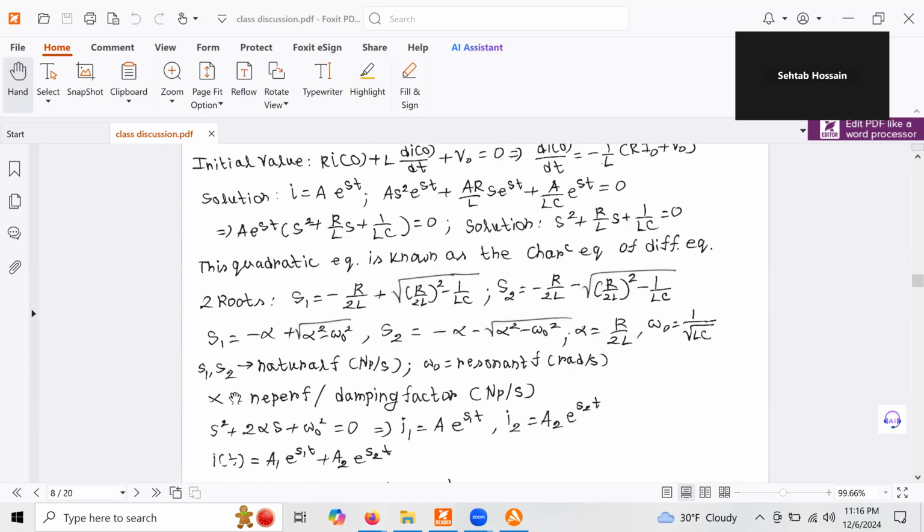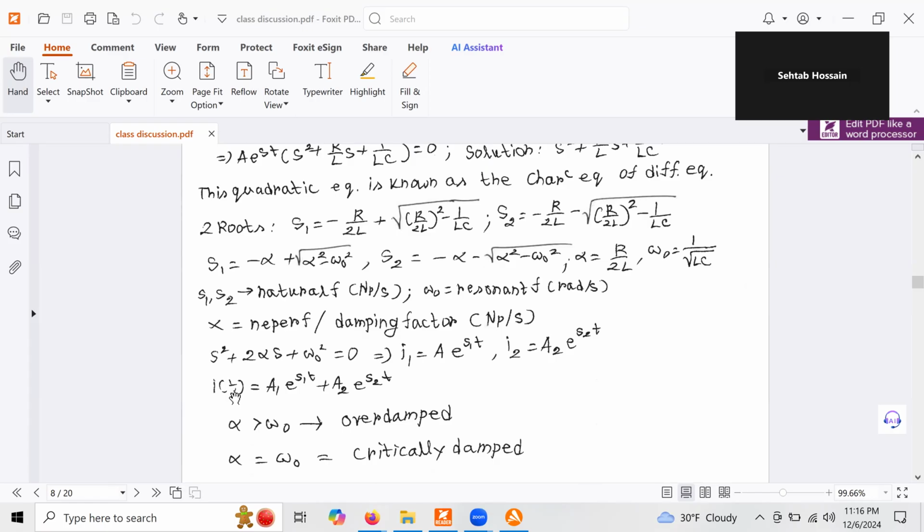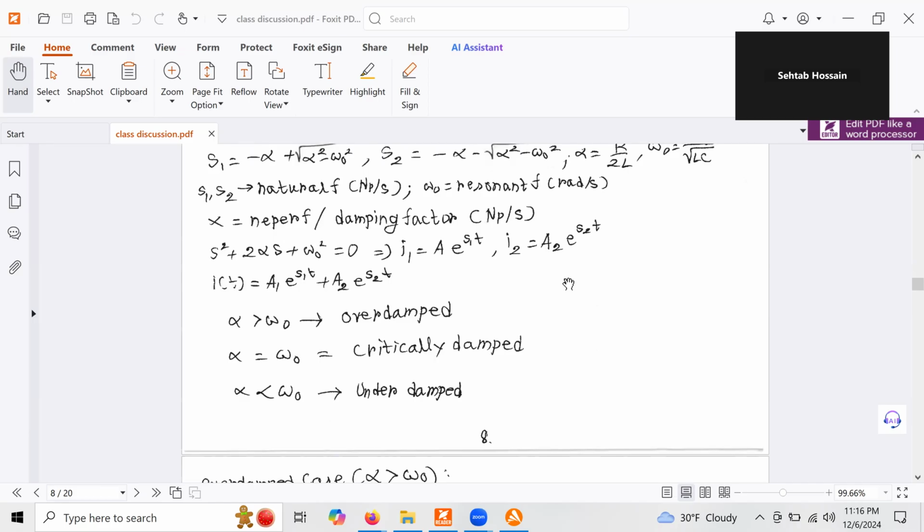Then we have 3 scenarios over here. As we have a capacitor and an inductor in a circuit, what will happen? The capacitor will oppose the change of voltage, and the inductor will oppose the change of current.